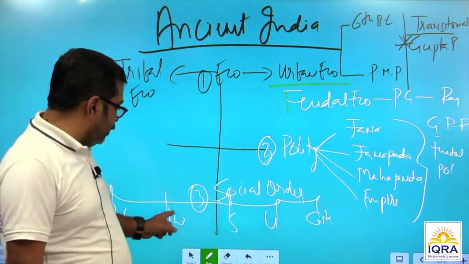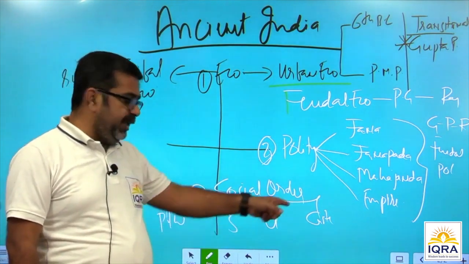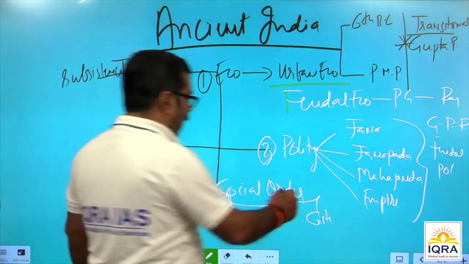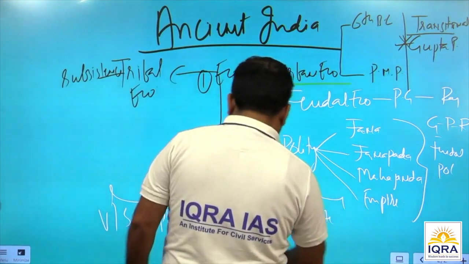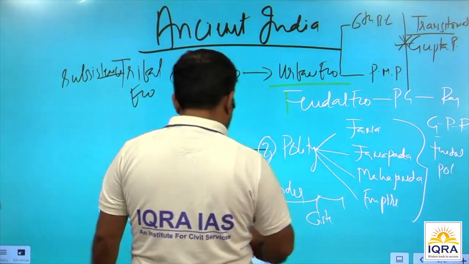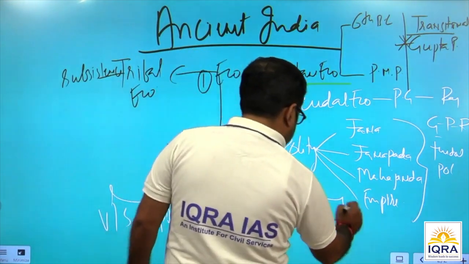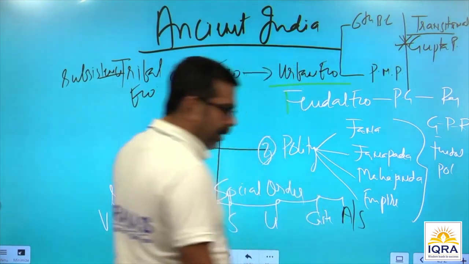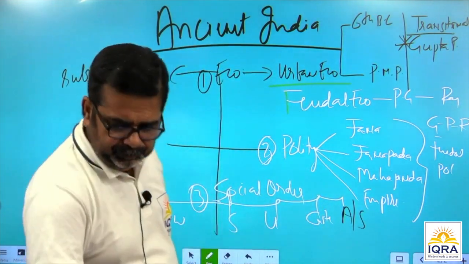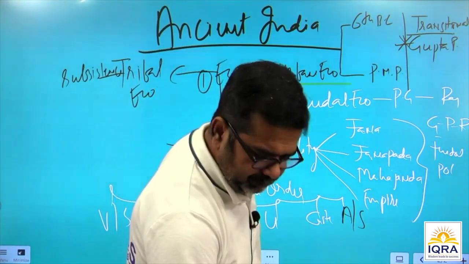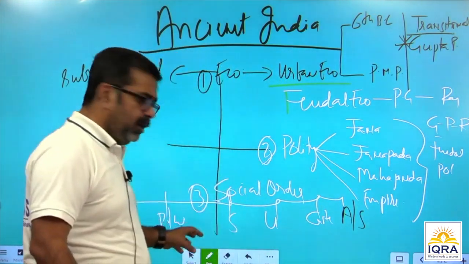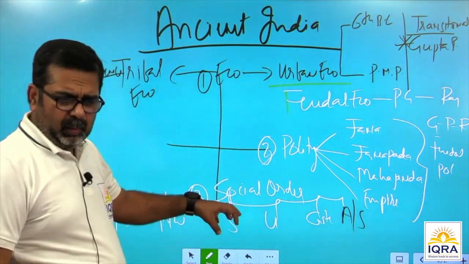Varna system, position of women, slavery, untouchability, caste system, ashram system. What, why, how?